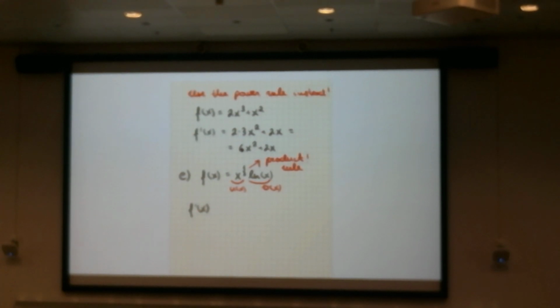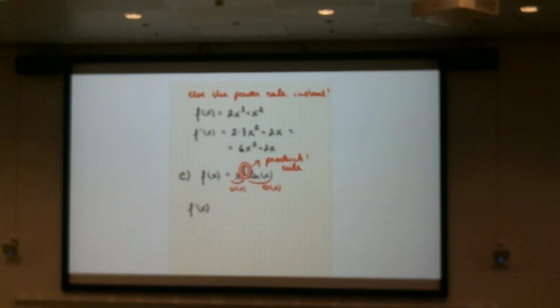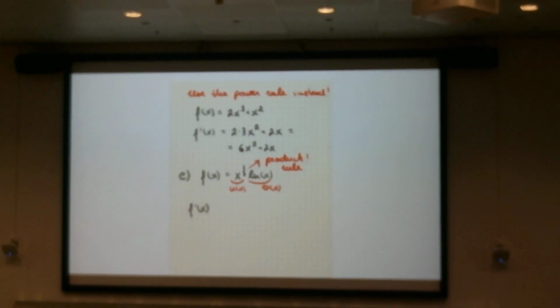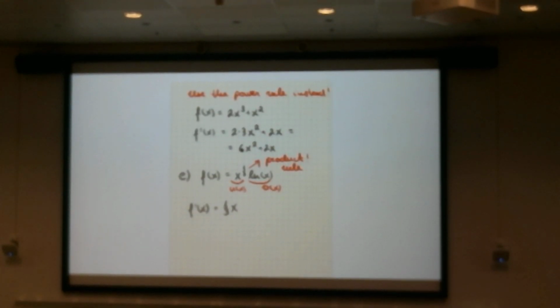Quite simple, because we have a power 1 over 3. It's not 0, so we just use the power rule. So we have 1 over 3, that goes down. We multiply by x, and in the power we do 1 over 3 minus 1, like this. Okay, we just subtract powers.